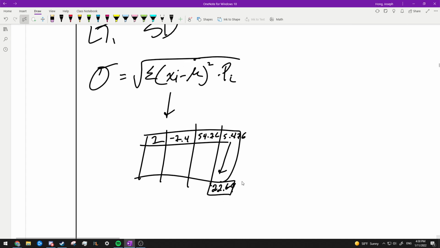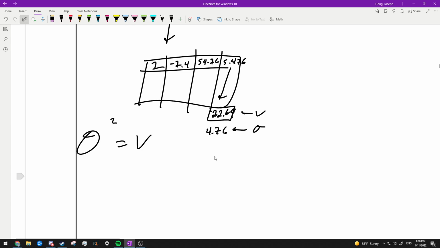And remember, this is the variance, and so this became the standard deviation, which was 4.76. So I just drew this picture for reference, and I know that you have a lot of space, so why not? A good concept to understand is that the standard deviation squared is equal to variance, which is pretty much the square root of variance is equal to the standard deviation.